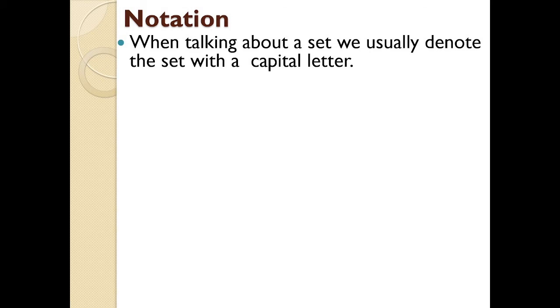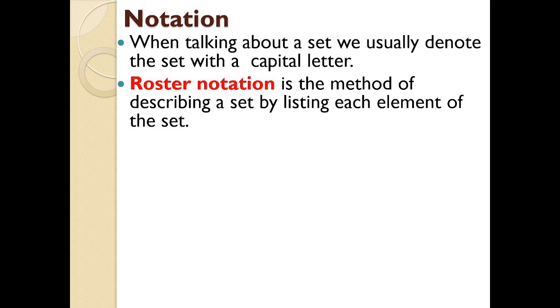Okay? Let's have notation. How do you write a set? When talking about a set, we usually denote the set with a capital letter. Again, we use a capital letter in naming a set. Roster notation is a method of describing a set by listing all the elements. So, kining roster notation, this is simply the listing method, the listing of all the elements.